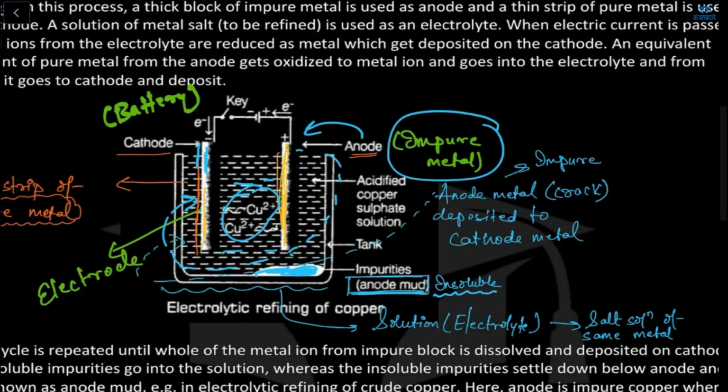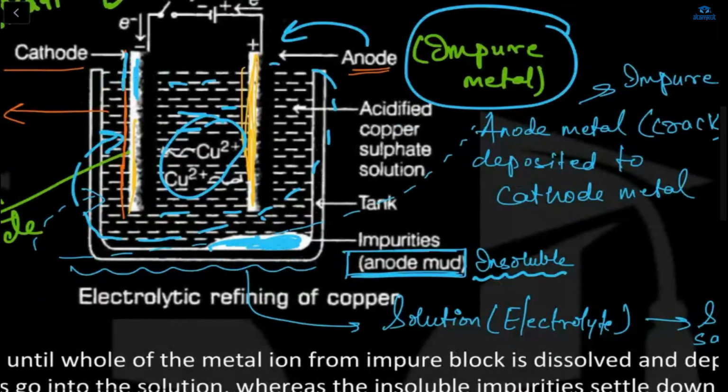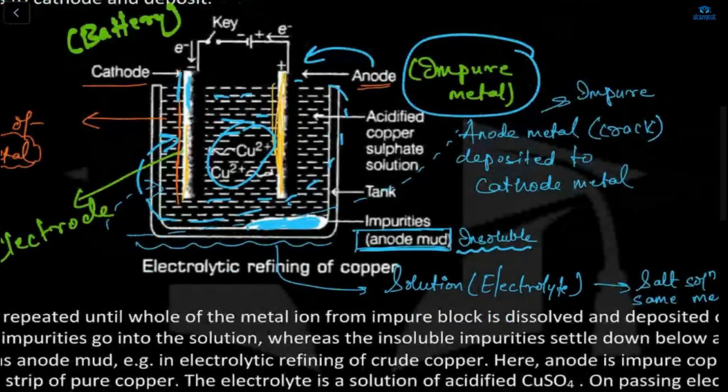The impurities are divided into two types: soluble and insoluble. Soluble means they dissolve in the salt solution, and the insoluble impurities are called anode mud, because the mud settles down at the bottom.